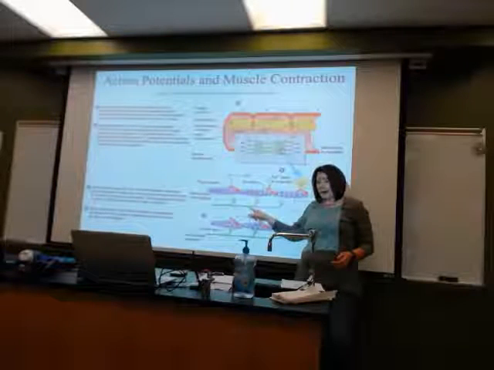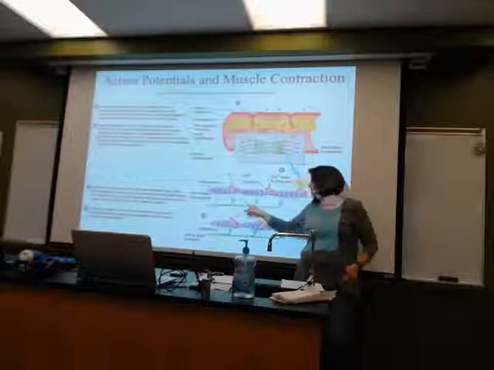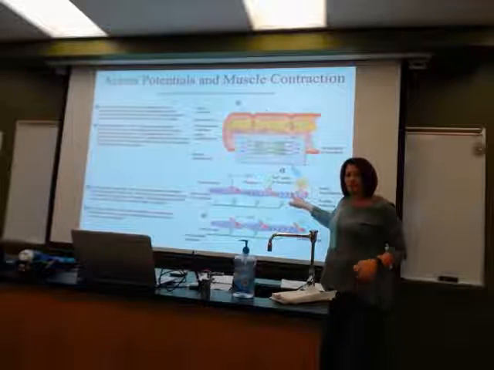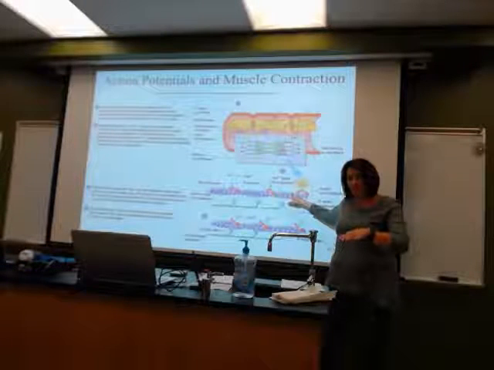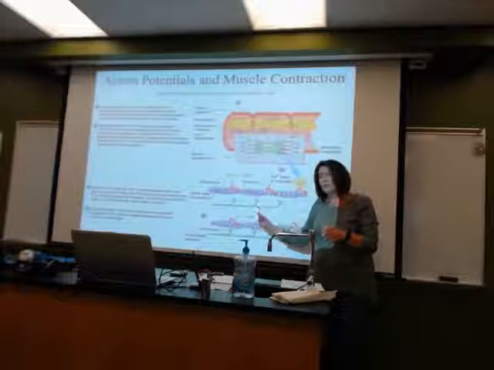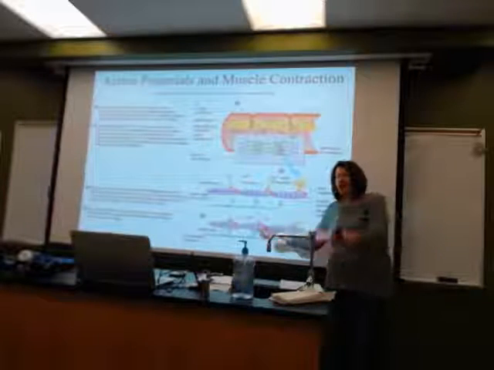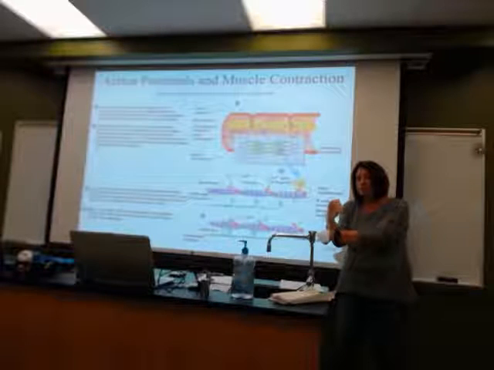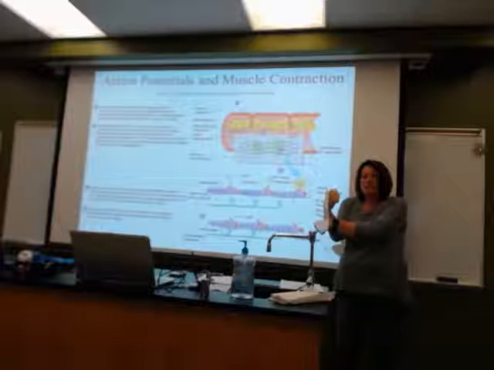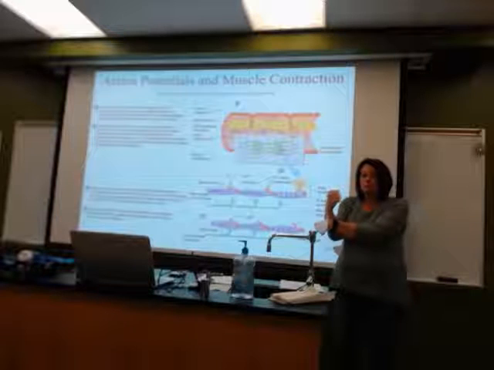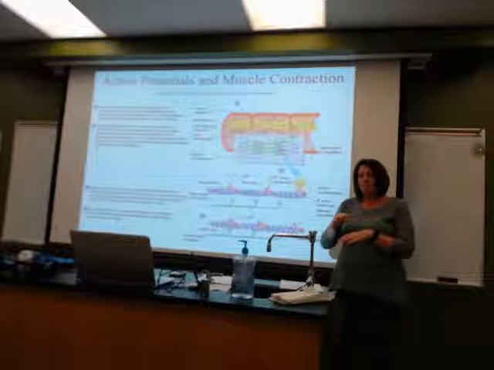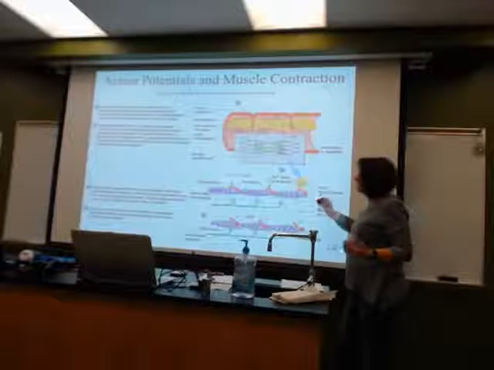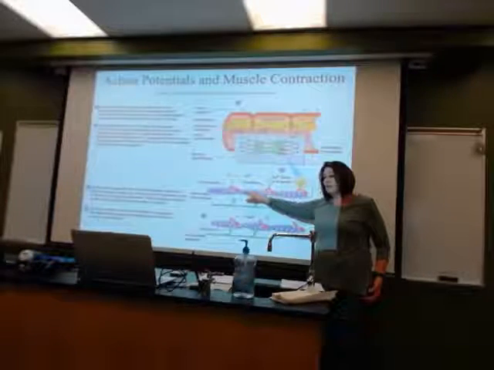At rest, the tropomyosin is covering the active sites. They are not available. Because if they were available, myosin heads would continuously be stuck into the active sites, which means constant contraction. Trust me, you don't want it in constant contraction. Okay? So at rest, the active sites are covered.